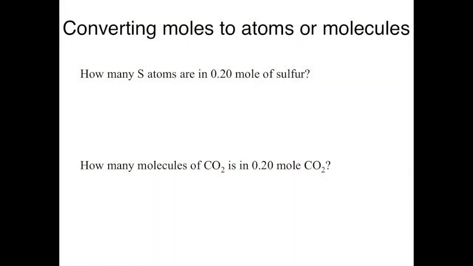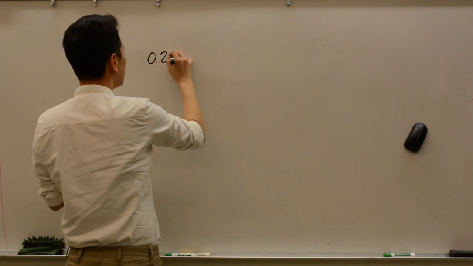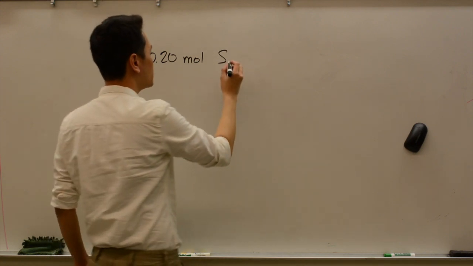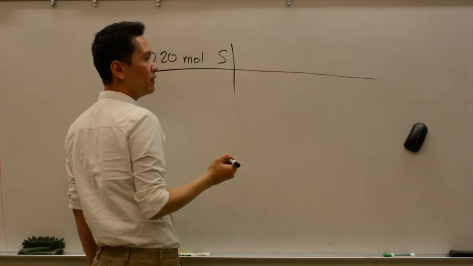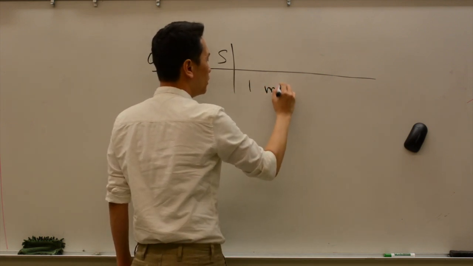Okay, so let's start with this example. If I ask you how many sulfur atoms there are in 0.2 moles of sulfur, remember you're going to multiply using Avogadro's number. And Avogadro's number says there's 1 mole of sulfur.